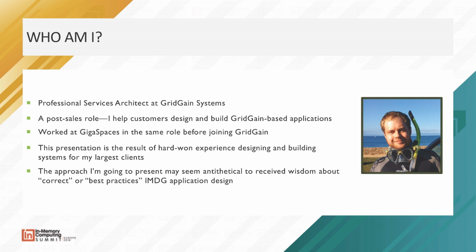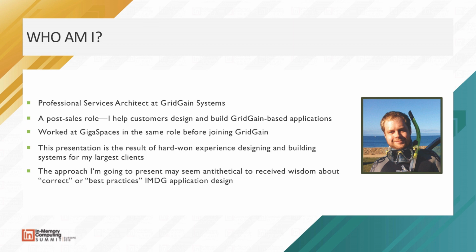The other thing is that I don't really want this to be a marketing or sales presentation for GridGain. So where possible, I am going to incorporate references to Gigaspaces, Hazelcast, Coherence, and other data grids that I've worked with, because the ideas I'm going to present are applicable to most modern in-memory data grids that support co-located processing.